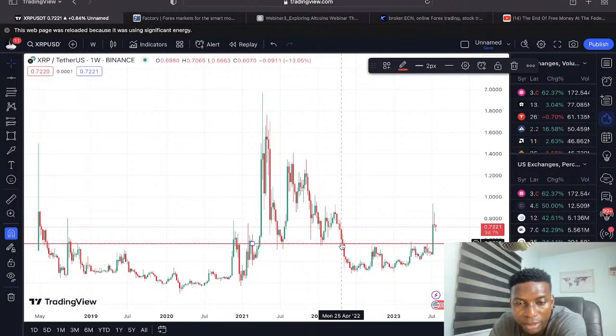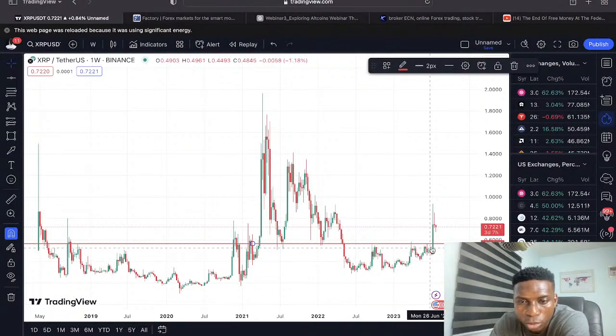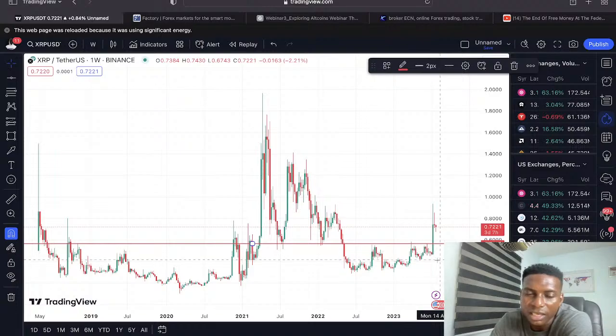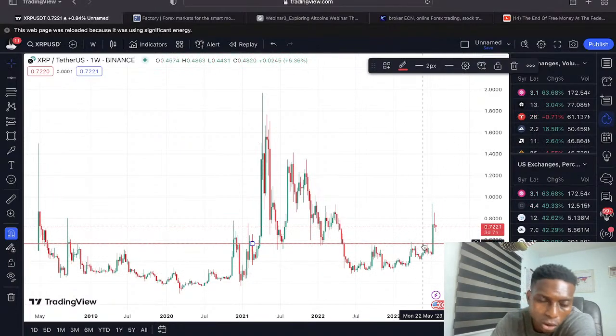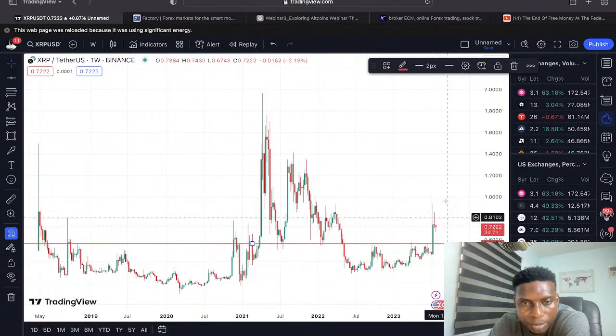May 2022, and we can see how price has been rallying towards this upside, because XRP was having a legal issue with the SEC on whether it was a security or not, and the news came out on the 10th of July that XRP is not a security, and that was positive for XRP, which is an altcoin. And what did we see happen here?